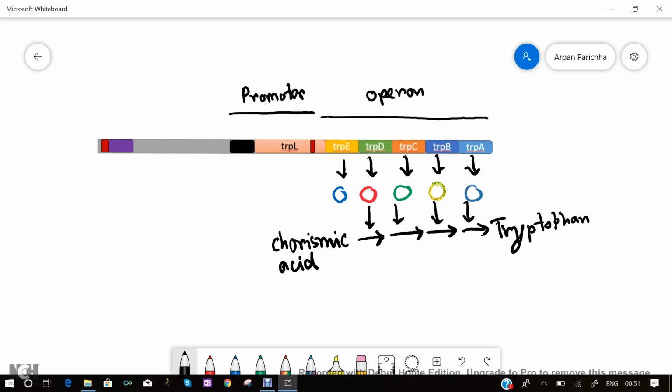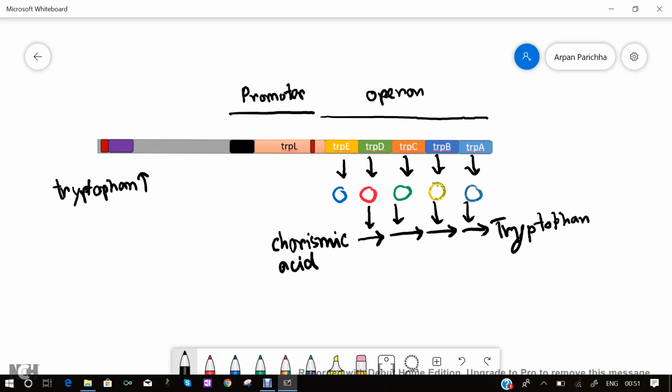So we talk about when this operon is repressed and when this operon is on. This operon is repressed when there is plenty of tryptophan in the bacteria itself. So it's kind of an on-demand situation. When you have too much tryptophan, the cell doesn't want to waste its energy by producing more tryptophan, right?